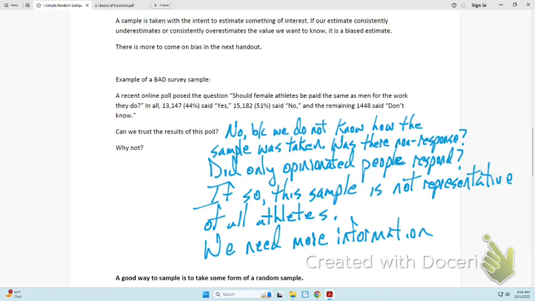So it was an online poll. I bet people had a choice to take it. What if someone, because it was online. This is endless. We could sit here all day and list problems here.